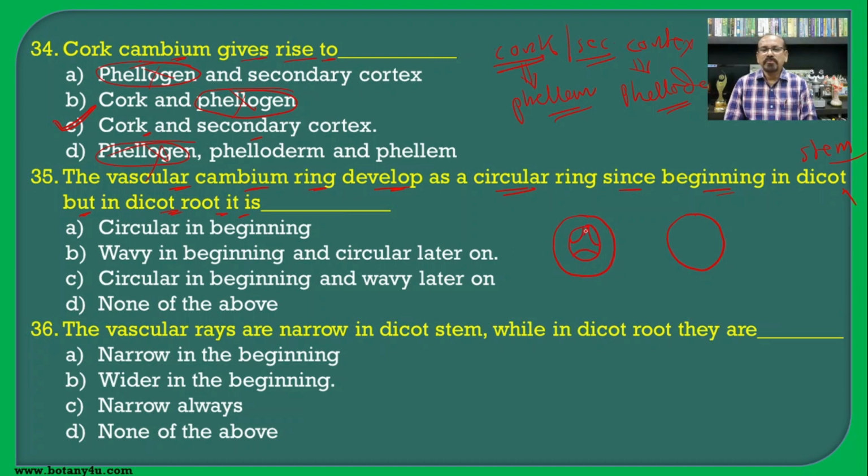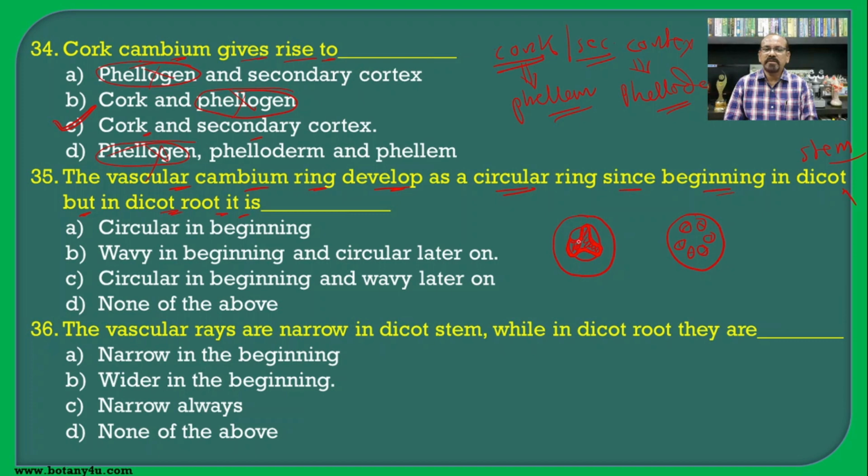Suppose this is a xylem triarch condition. In the stem, the vascular bundles are present in a ring, and hence the cambium forms a ring in the beginning in the stem, but here it will be formed in such a manner.